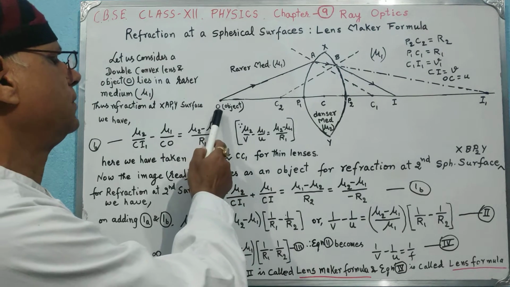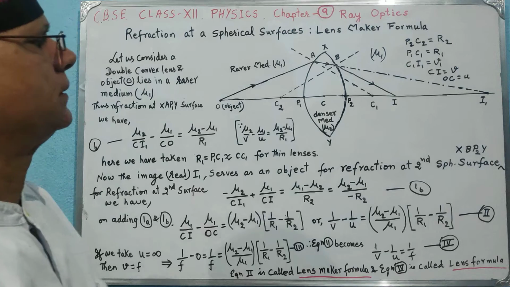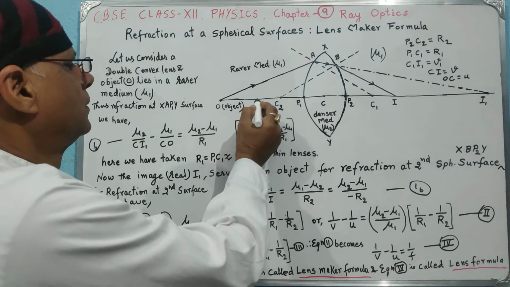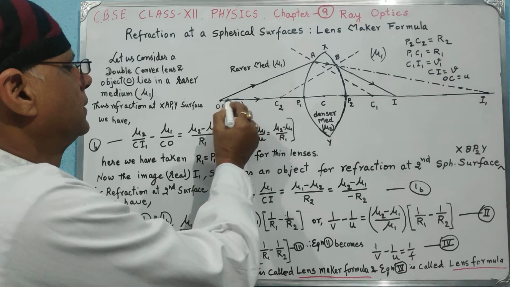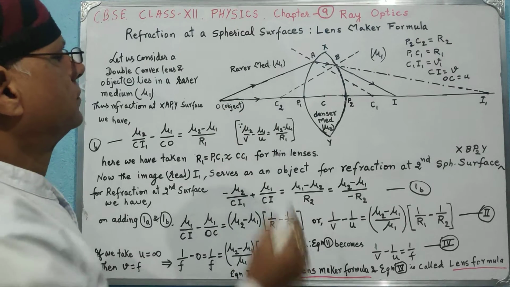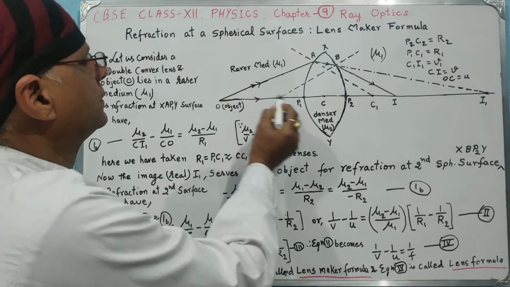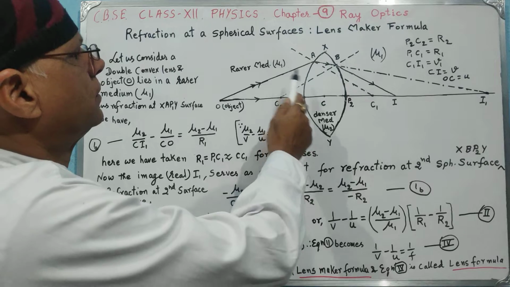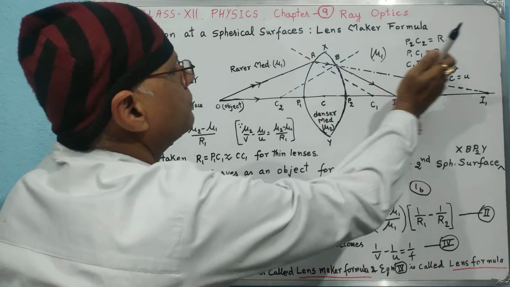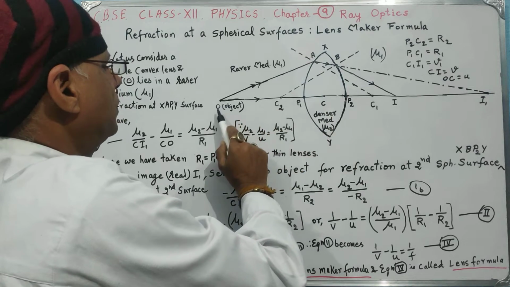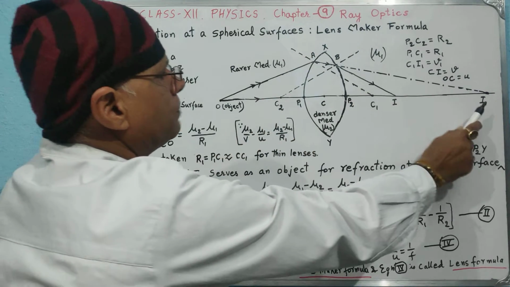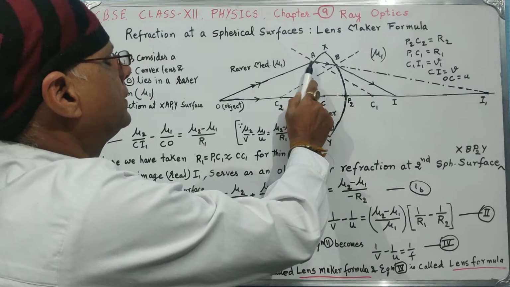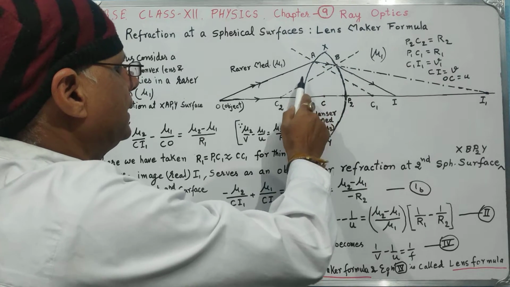Here we have assumed that an object is placed in a rarer medium, say for example air, and we have selected two rays emerging out of the object O. After refraction at the first spherical surface XAP1Y, had the same medium continued, the image of this object O would have been formed at point I1 due to refraction at this surface XAP1Y.